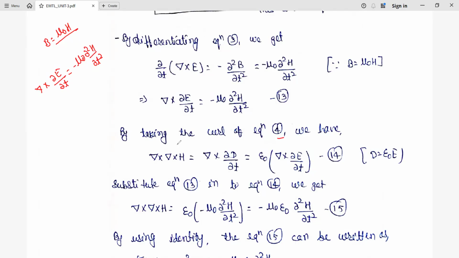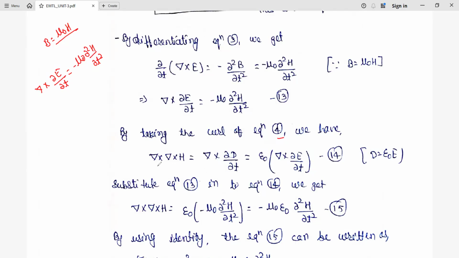So the curl of equation 4 gives ∇×H equal to ∇×∂D/∂t. We can bring del inside, and ε₀ is constant, so ε₀ is taken outside.